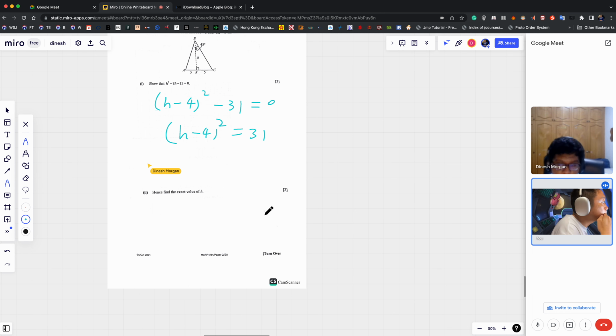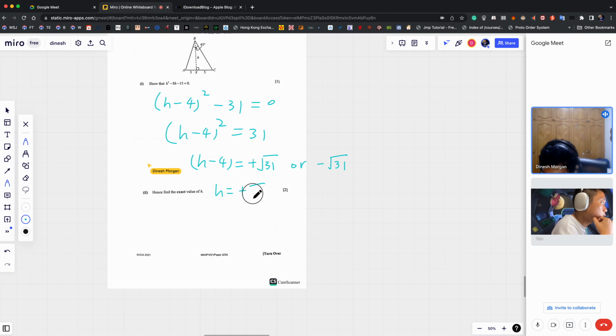Then after that you have the plus minus, right? That's one scalar. Then after that you just have the h plus 4, right?